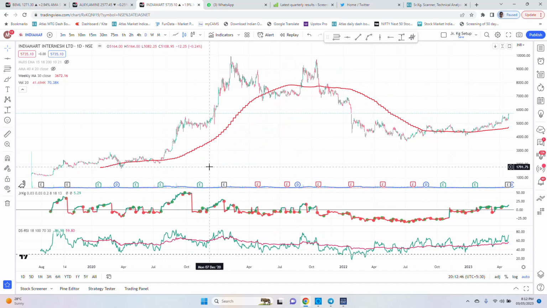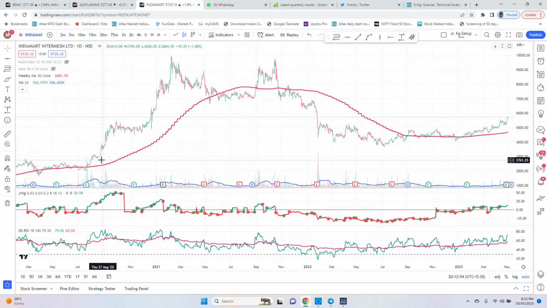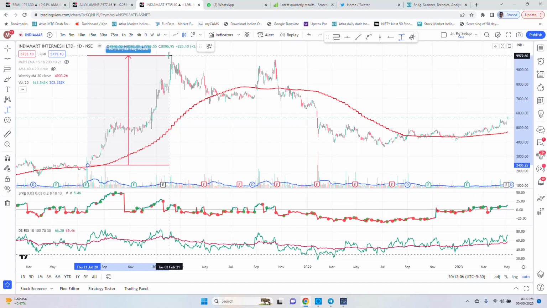And then the actual bull run started from here, July 20, which is just after the COVID. From here, the stock went from 2420 to 9800. So this is almost a 314%, 315% rally the stock has given.